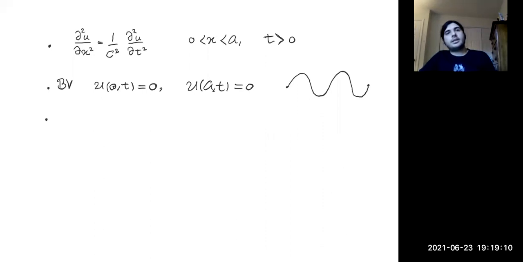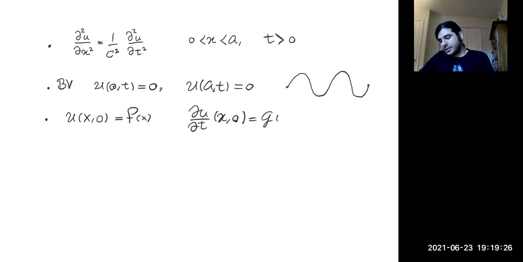We have initial conditions, so u of x at time 0 is given by f of x, and the derivative of u with respect to time at the point x at time t equals 0 is given by another function g of x. These are the things we know and we want to solve it.